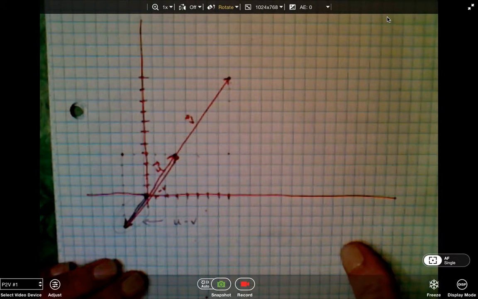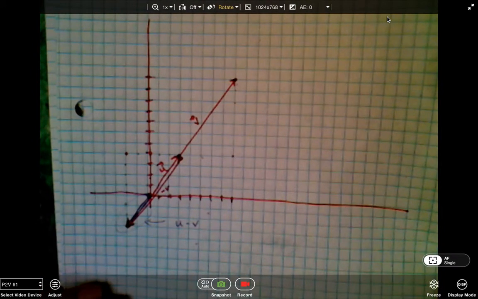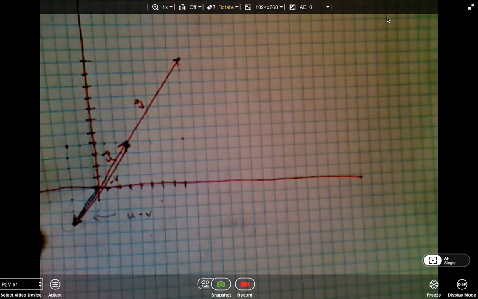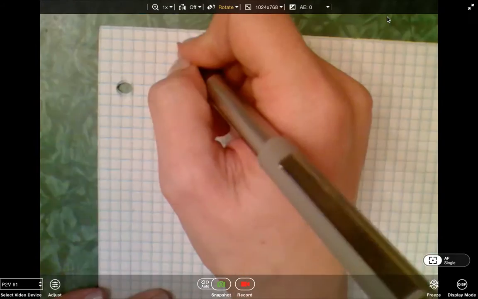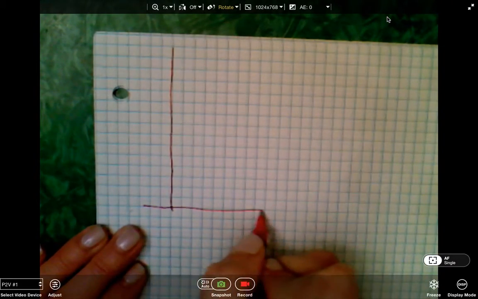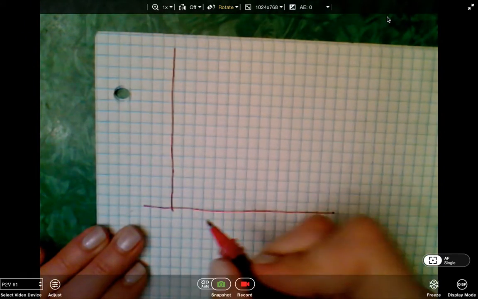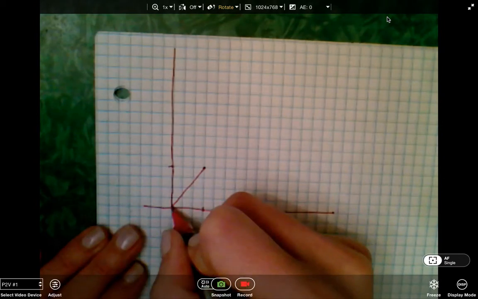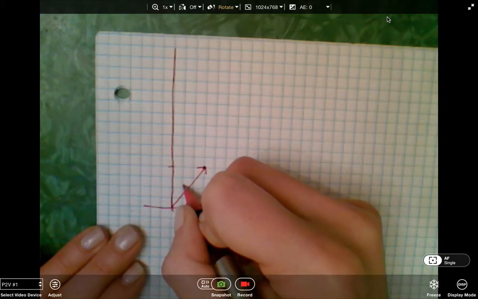Now let's say I wanted to do it using the parallelogram method. It's a little bit different. It can be helpful particularly if you already have two visualizations and we want to look at two vectors that are already on the coordinate plane and we want to look at what it would look like if I added or subtracted them. So we're going to put u, 3, 4 on the coordinate plane.